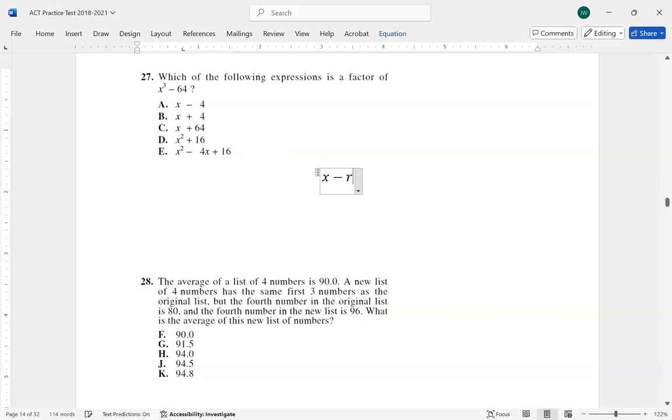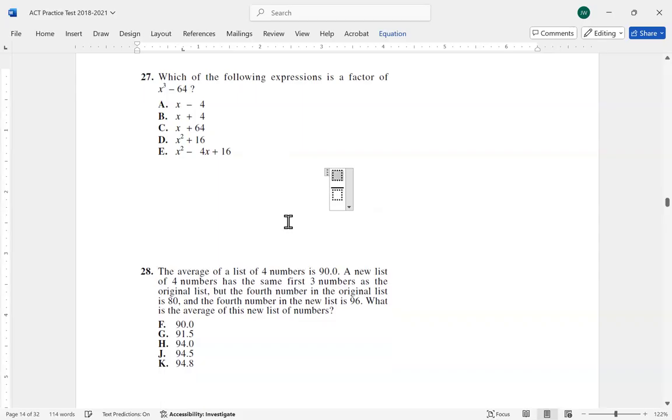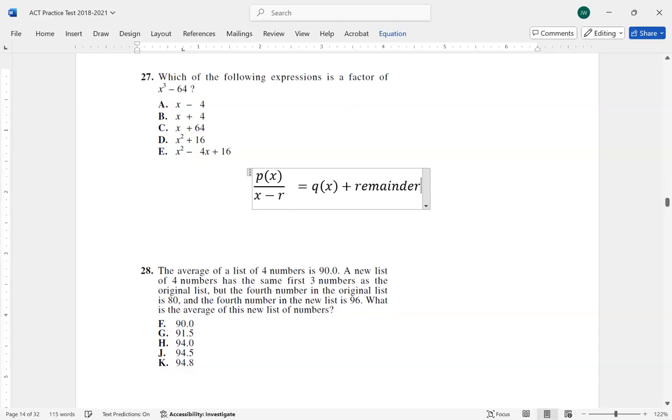It turns out if you divide a polynomial by x minus r, then we're going to get another polynomial called the quotient plus a remainder. Actually, let me use a different letter.